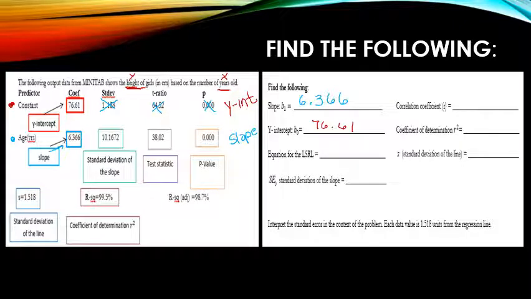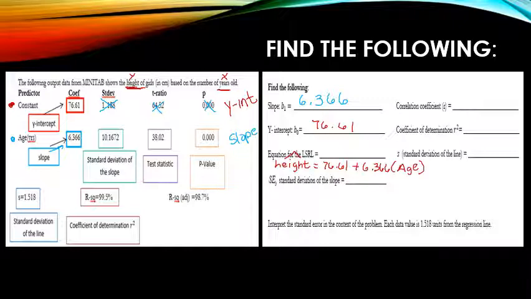We write the height with a hat on top, because that tells us we're doing the predicted height. Then we write the y-intercept first, 76.61, plus the slope, 6.366, and then our variable, age.